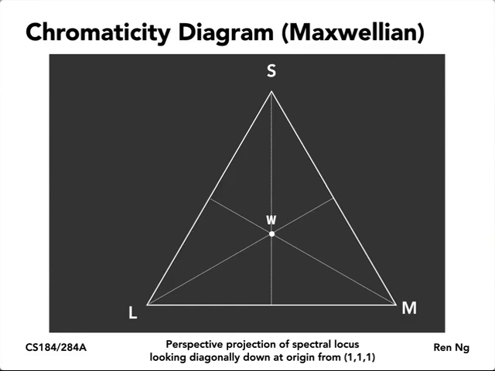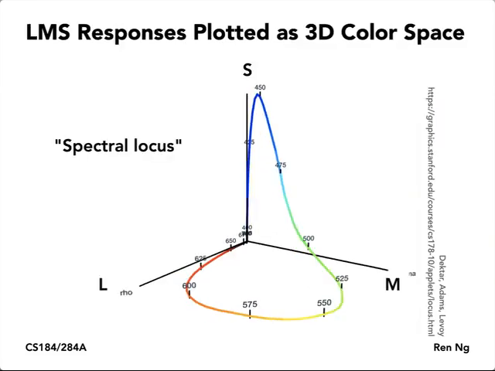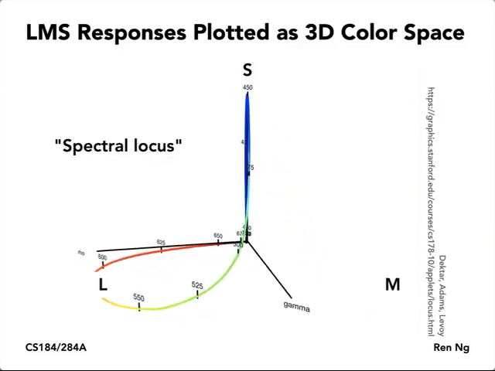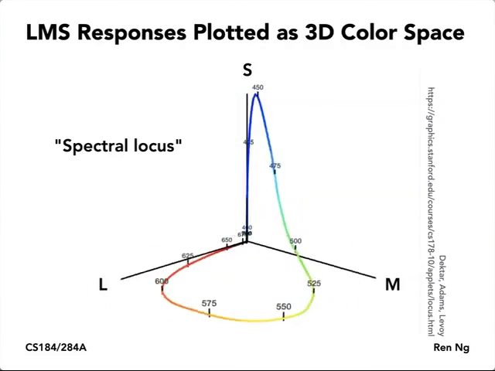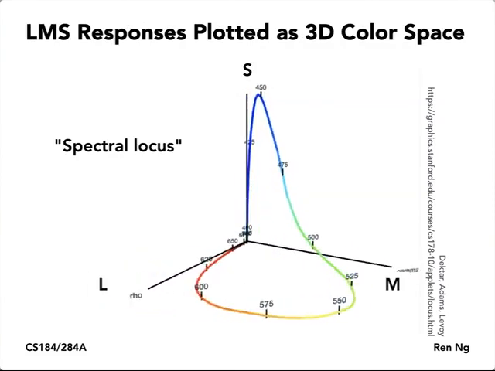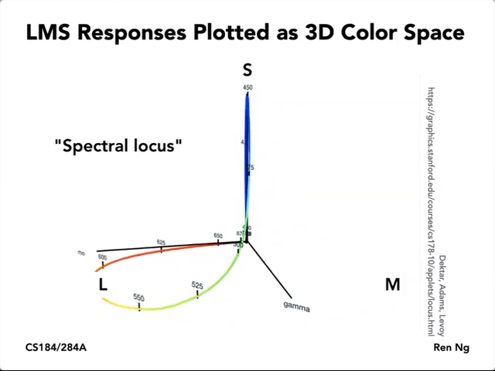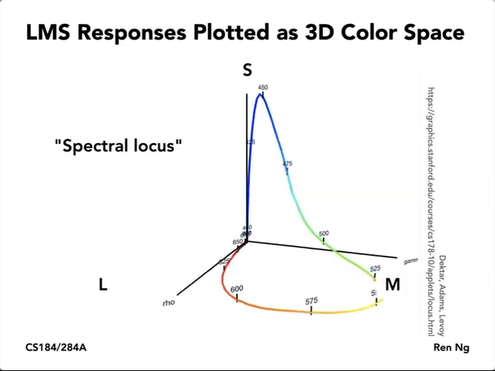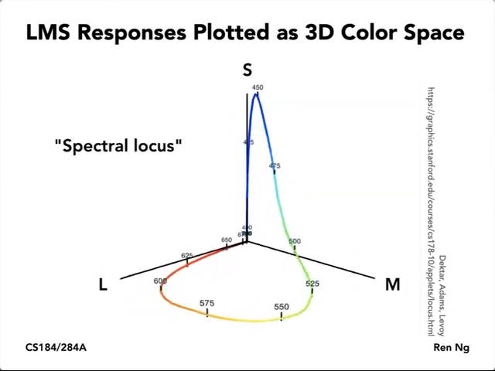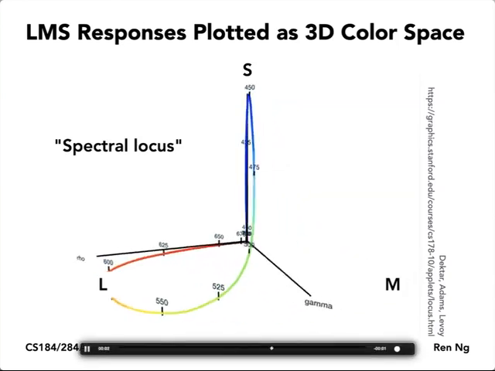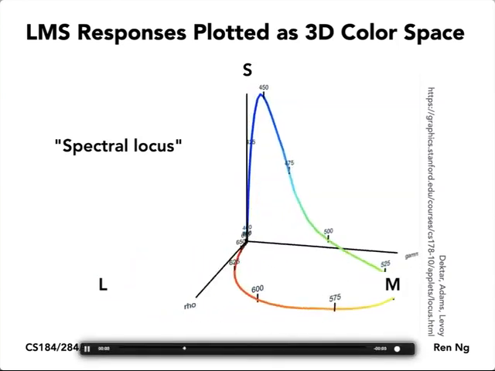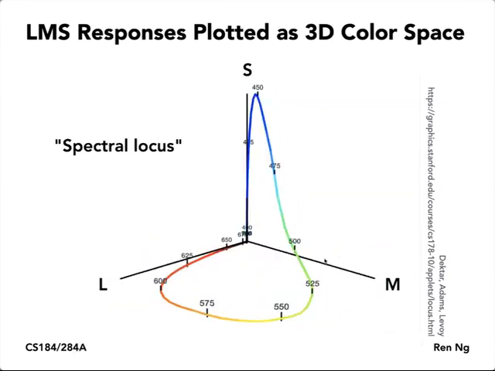We take that shape that I was talking about before, this spectral locus, and project it out into the positive direction away from the origin by linear combination. So the whole shape is projected out, and say, well, what happens if I want to project that onto a 2D plane? I could pick, as one example, a triangle that went from the S to the L to the M axis, okay?